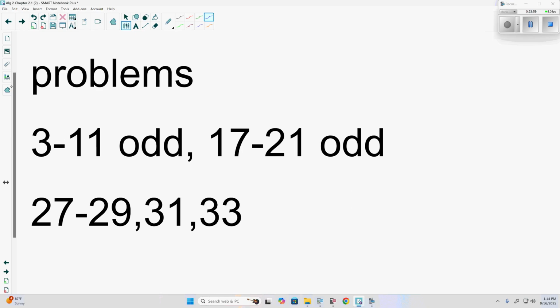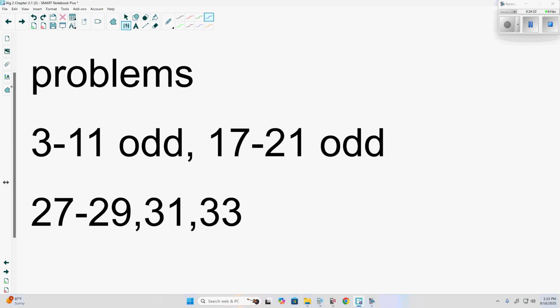On 3 through 11 odd and 17 through 21 odd, you just have to describe the transformation. 27 through 29, describe the transformation and identify the vertex. No graphing. Not going to have you graph on any of them.